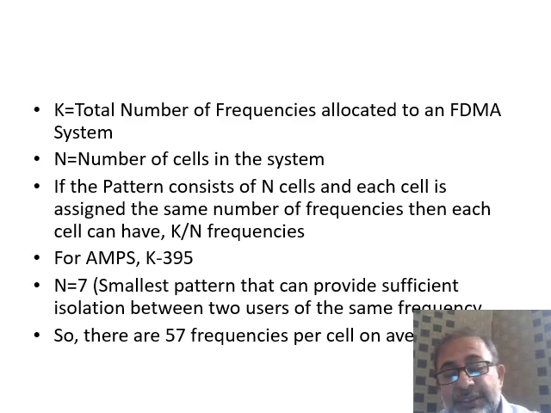For AMPS, K is equal to 395, which is the total number of frequencies. Taking n equal to 7, the smallest pattern that can provide sufficient isolation between 2 users, that is at least 2 neighborhoods, in the 3rd neighborhood the same frequency would be reused. So there would be 57 frequencies per cell on average.